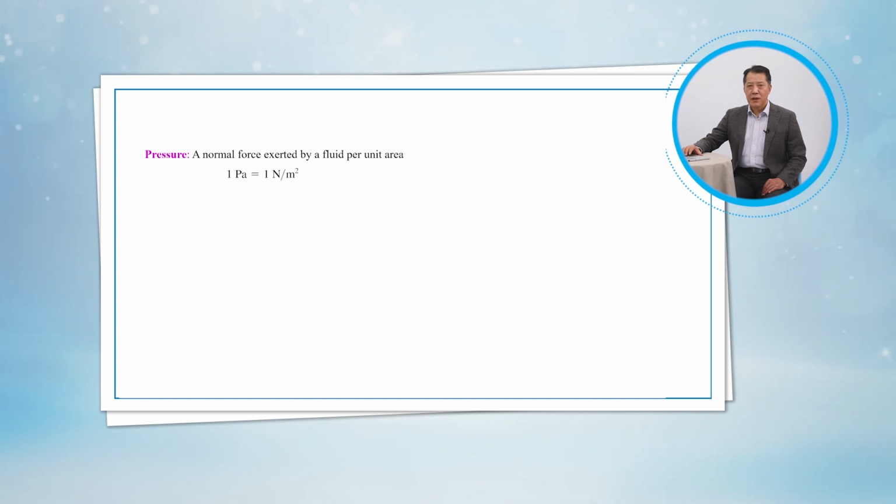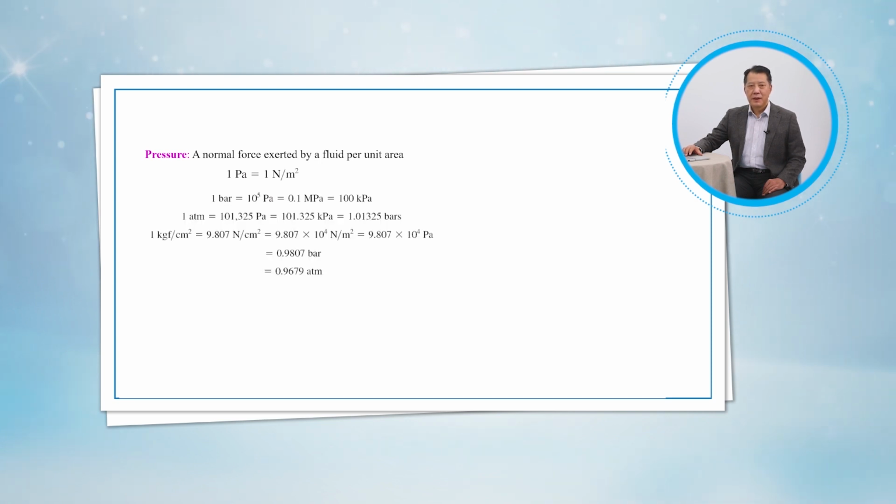Since pressure is defined as force per unit area, it has the unit of newtons per square meter, which is called a Pascal. The pressure unit Pascal is too small for most pressures encountered in practice.